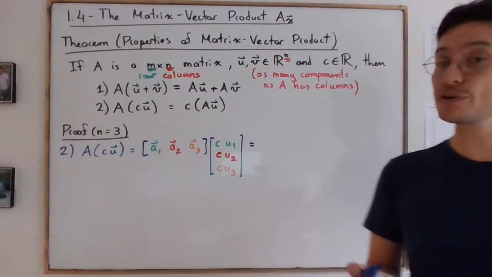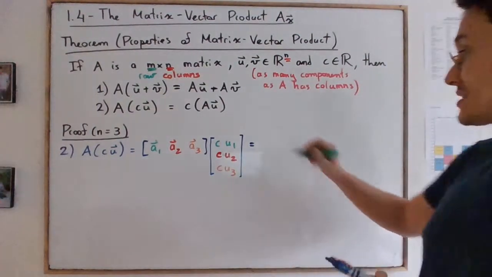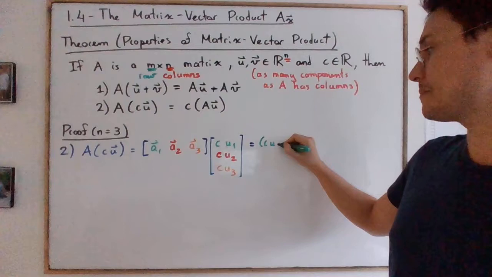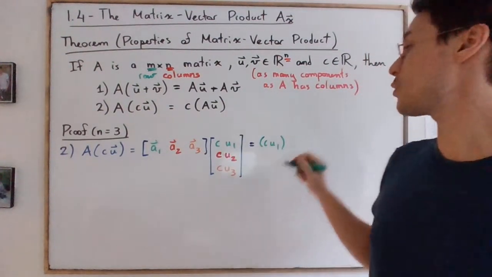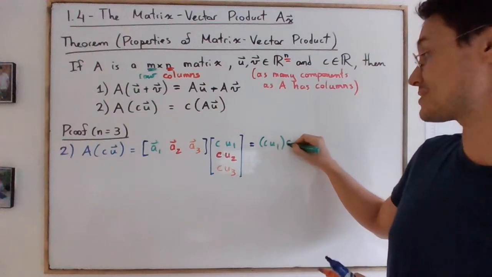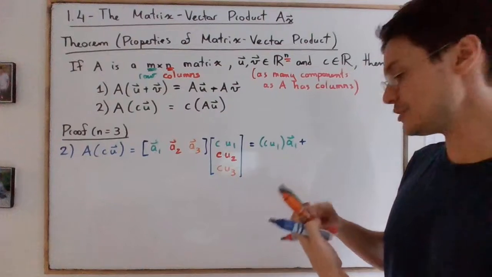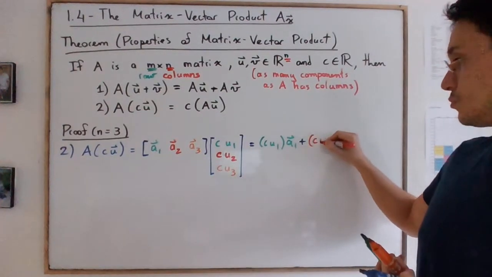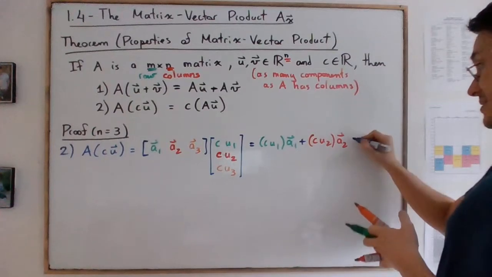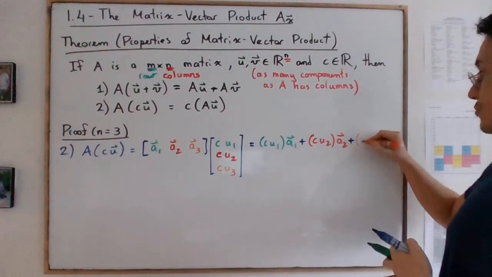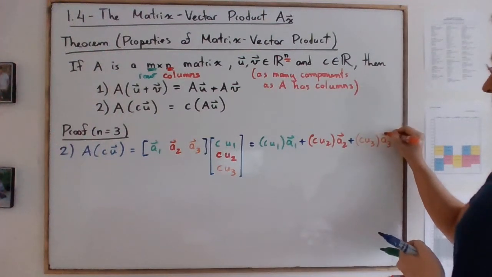At this point, we're using the definition of the matrix vector product. So it's going to be the linear combination of the columns of A with the corresponding weights. So cu1 times a1, plus cu2 times a2, plus cu3 times a3.